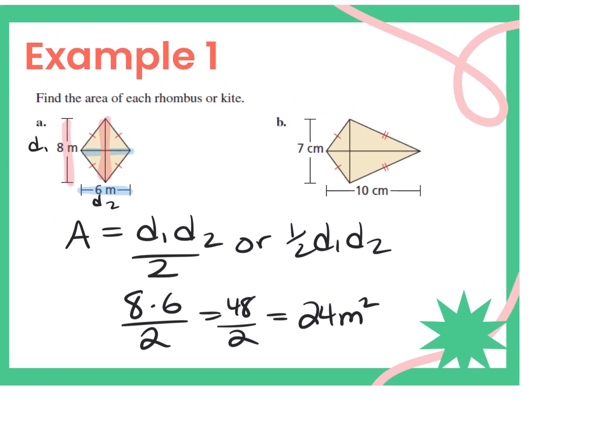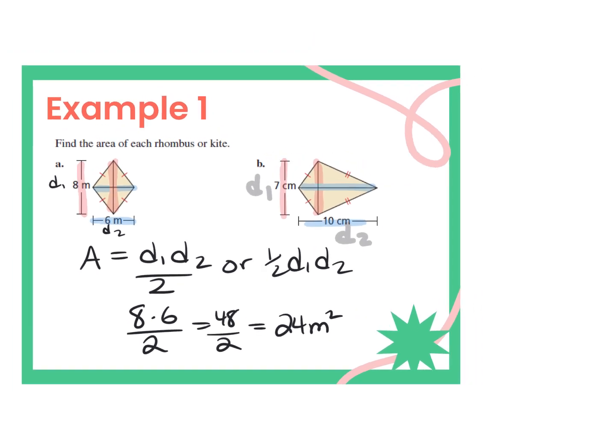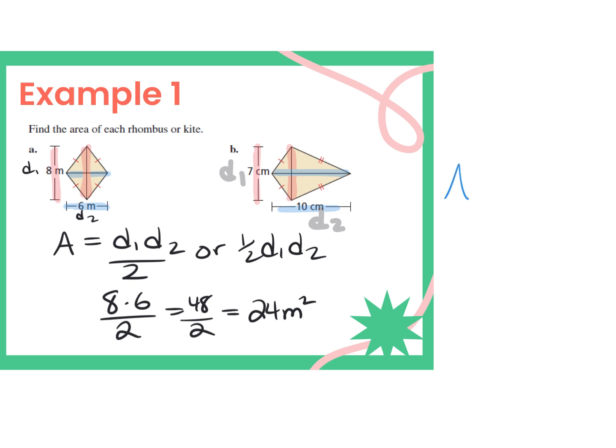Then for the kite, exactly the same thing. So I have this diagonal here is going to be the 7, and then this one is the 10. And again, I could say this one is D1, this one's D2. Really doesn't matter. You're just going to multiply them. So area is equal to 7 times 10.